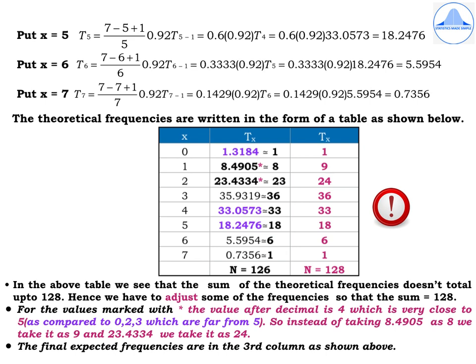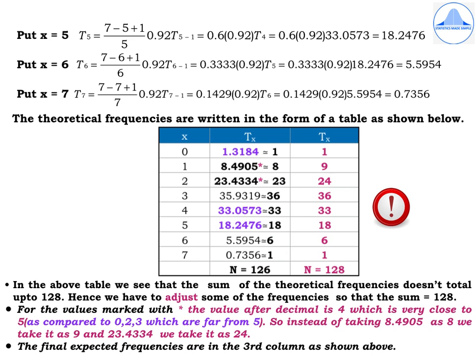Similarly, put x equal to 5. So T5 is equal to 7 minus 5 plus 1 by 5, 0.92 T5 minus 1, which is equal to 0.6 into 0.92 into T4, which is equal to 0.6 into 0.92 into 33.0573, which is 18.2476.